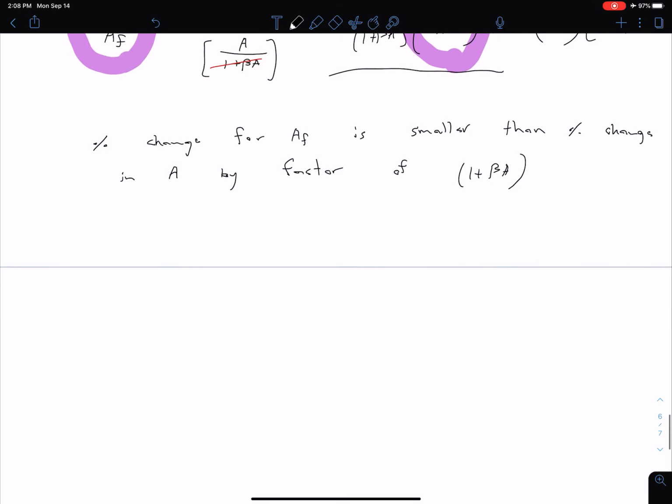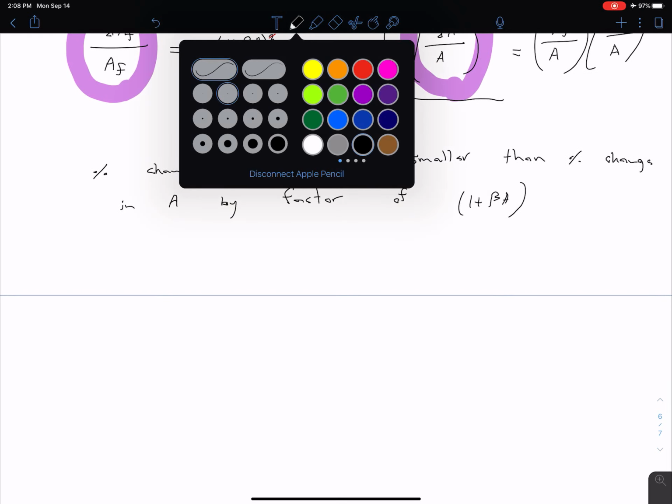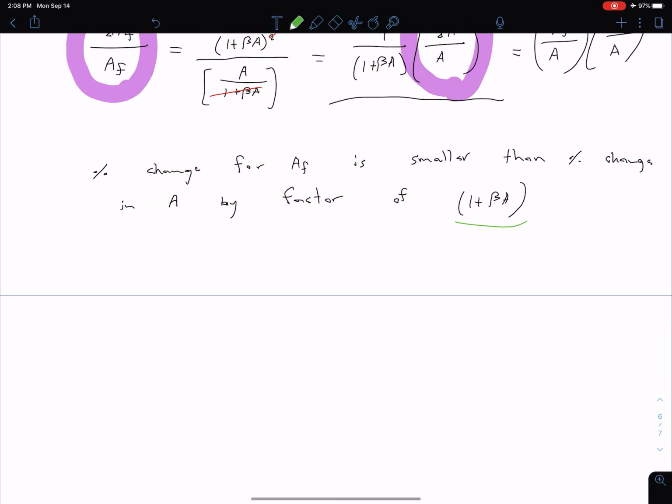This term 1 plus beta A actually has a name as well. I know what you're thinking, not enough names. We'll try our best to add as many as we can. So our 1 plus beta A is actually called our desensitivity factor.